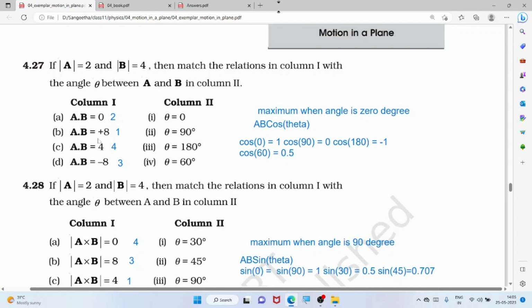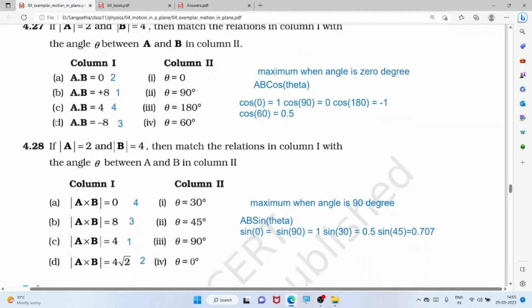It is maximum when theta is 0, because cos 0 is 1. This is half when theta is 60 degrees, so 4 into 2 is 8, half of 8 is 4. Same way, this is negative 1 when theta is 180 degrees.